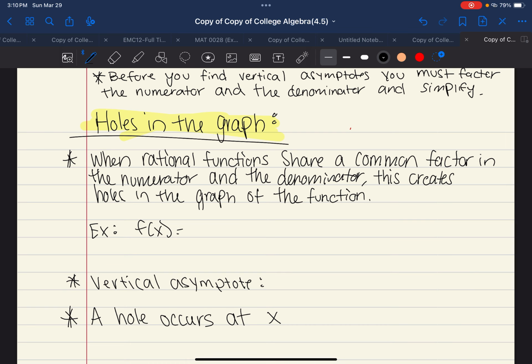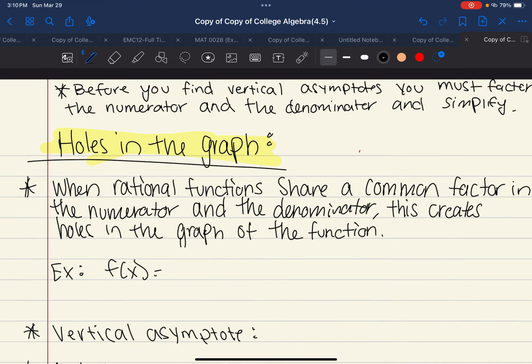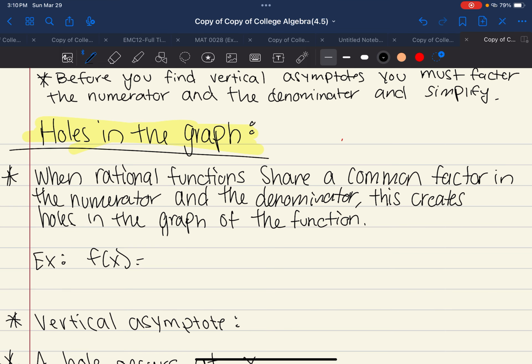Okay. So I've been telling you this whole time that before you find vertical asymptotes, you must factor the numerator and the denominator and simplify.